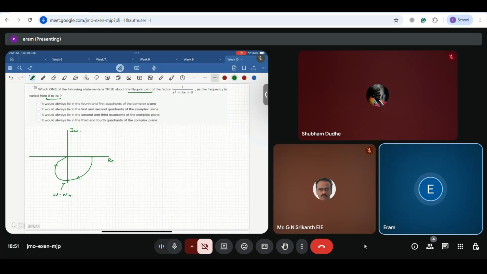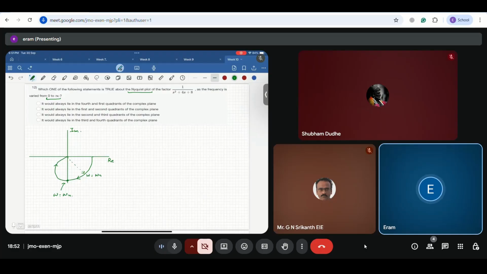We know that at the resonant frequency, if you are given a sinusoidal input, you will get the maximum amplitude. So if you draw it correctly, the frequency at which you get the maximum magnitude gives you the resonant frequency.